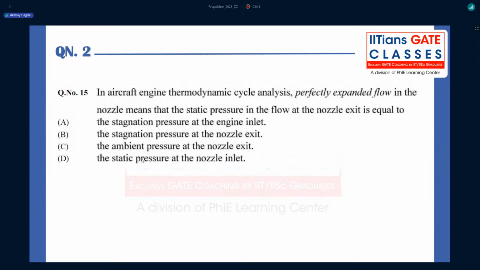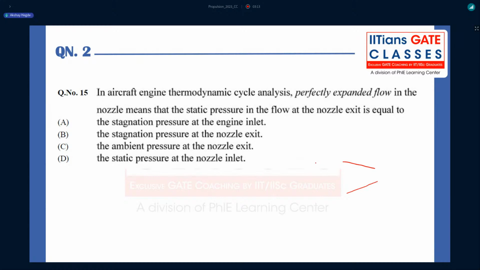The next one: in an aircraft engine thermodynamic cycle analysis, perfectly expanded flow in the nozzle means that the static pressure in the flow at the nozzle exit is equal to. This is again a straightforward question. Say I have a convergent nozzle.